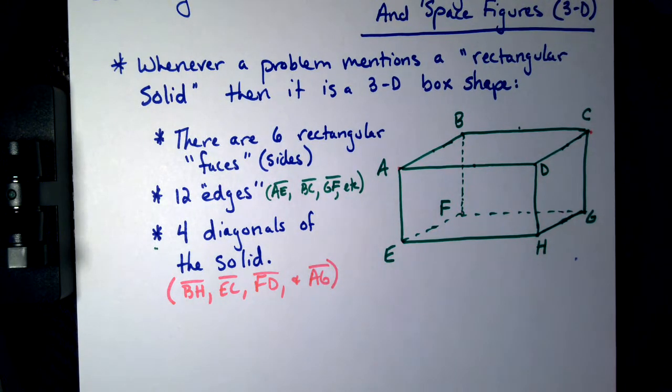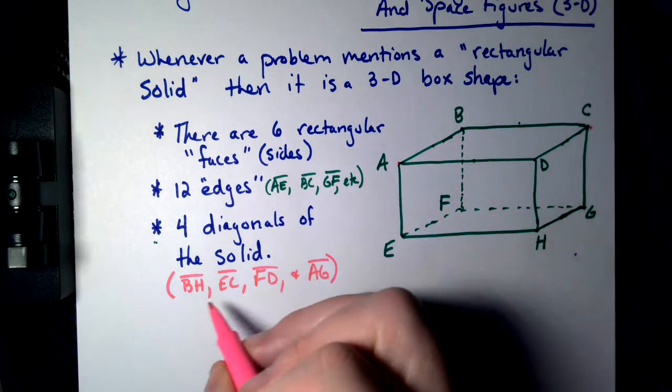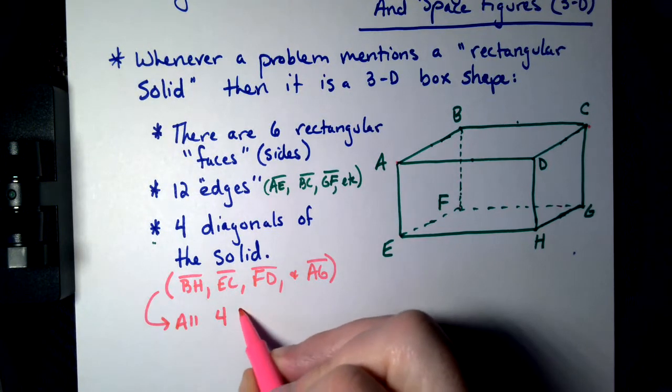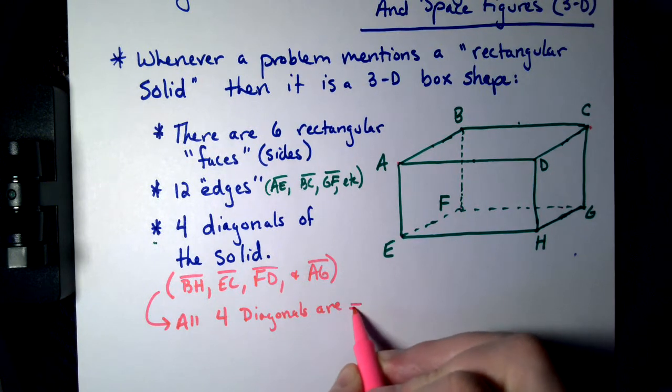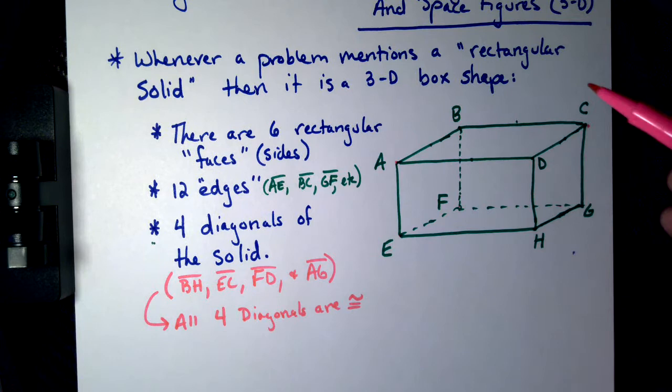Now, it has more to do with my diagram not looking so hot, but all four diagonals are congruent.